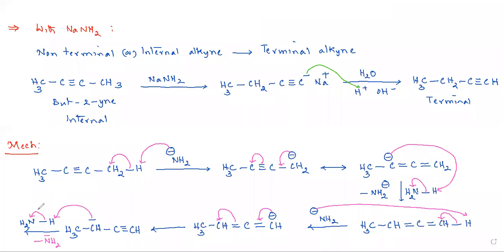Finally, you get CH3, CH2, C triple bond, CH. See the thing what you have started with and what you have ended up with. This is non-terminal. This one is terminal. Isn't it?